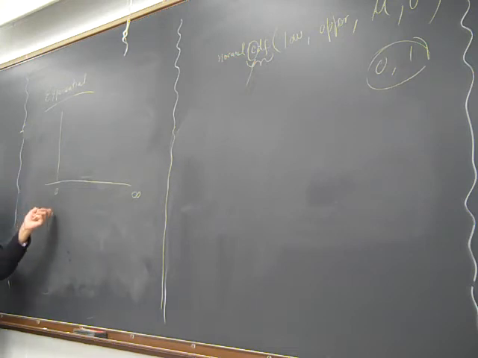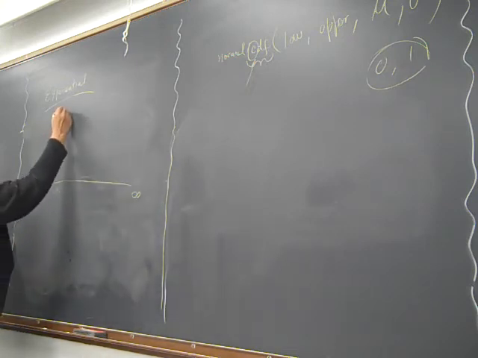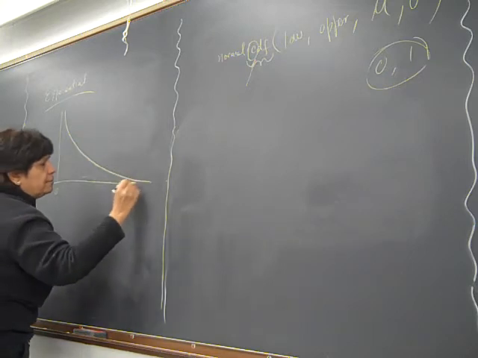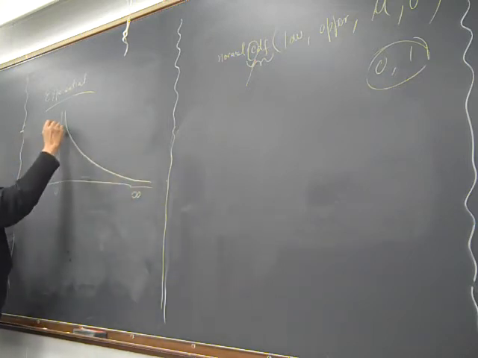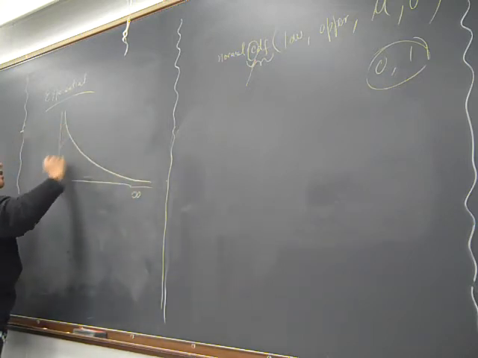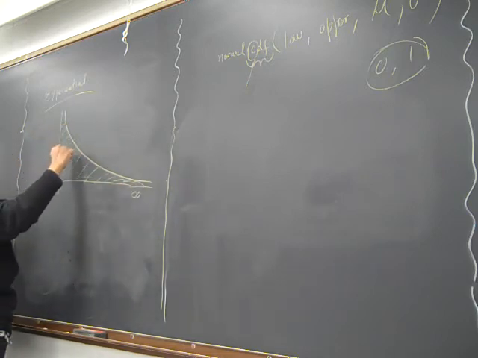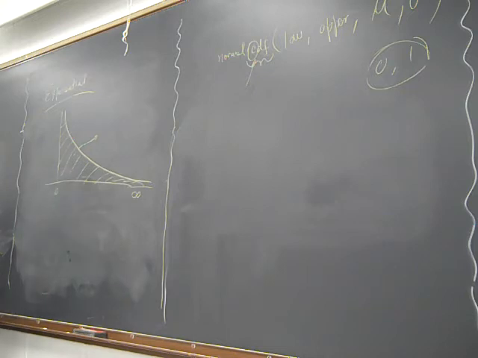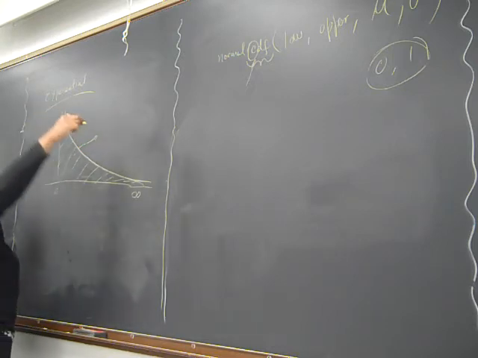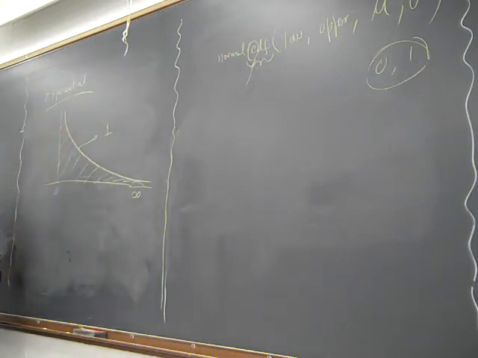It goes from 0 to infinity, and it has a shape more or less like this. What is the area over here? Guys, in any continuous distribution, the area of the function has to be equal to 1.